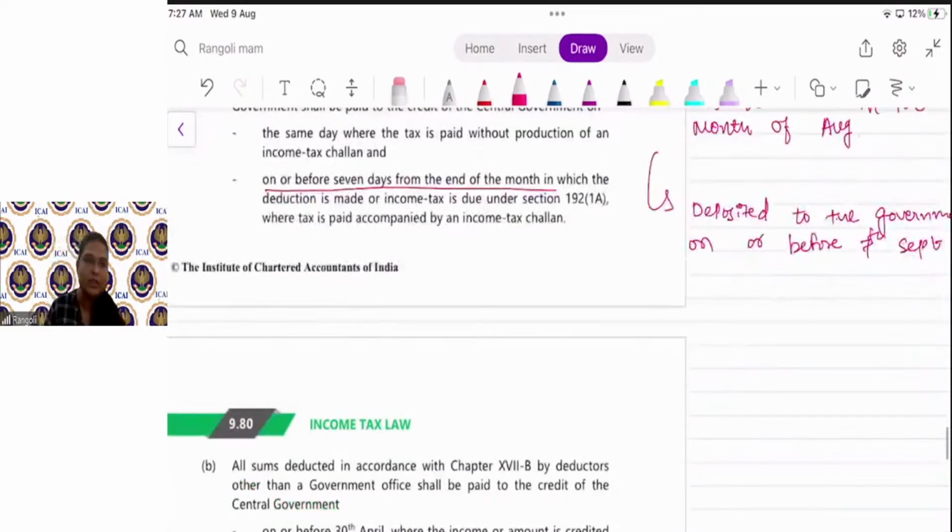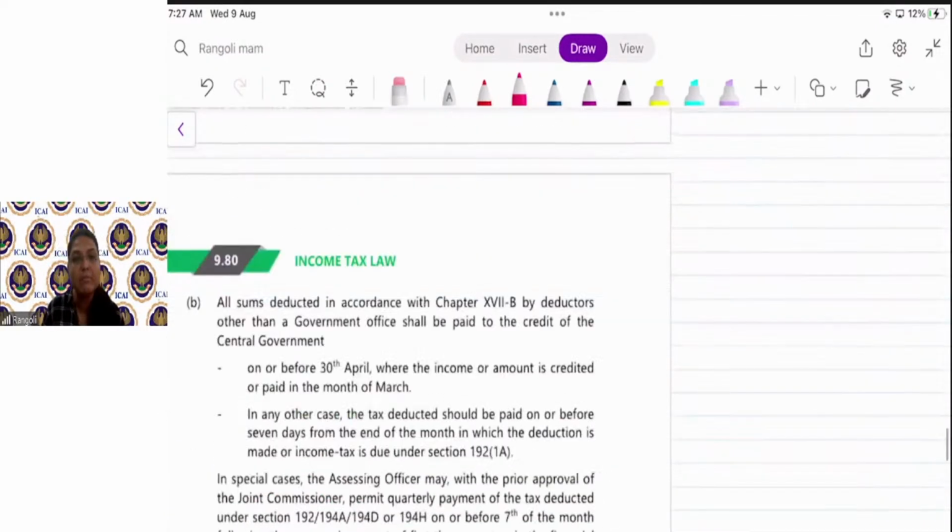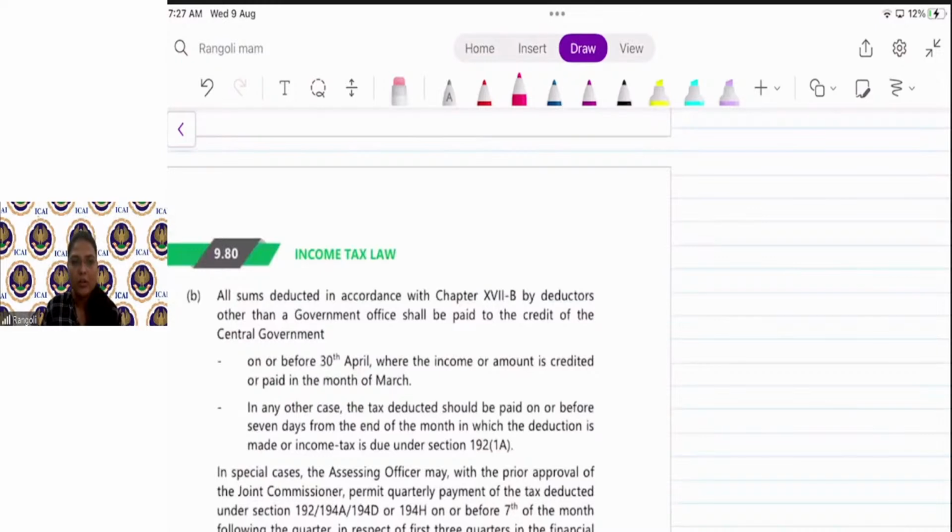Now, if the TDS is deducted in the month of March, say in March 23, then this TDS needs to be deposited to the government up to 30th April 23. It is a 1 month relaxation; this 1 month time frame is provided only in case of March.